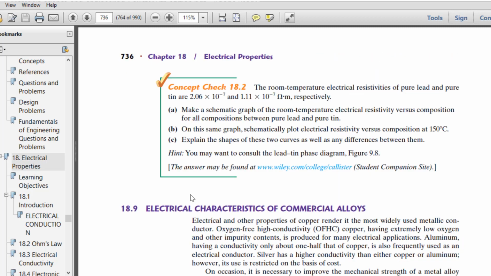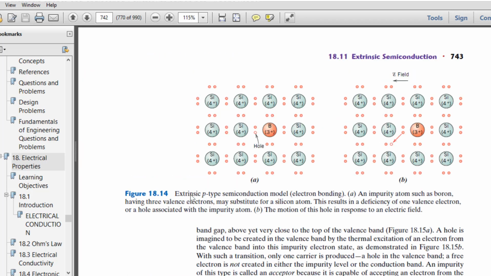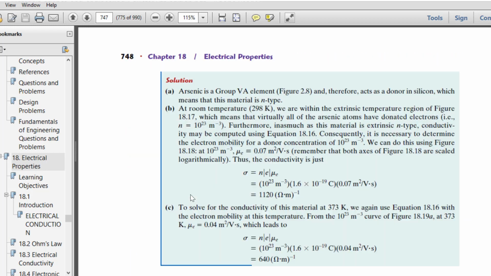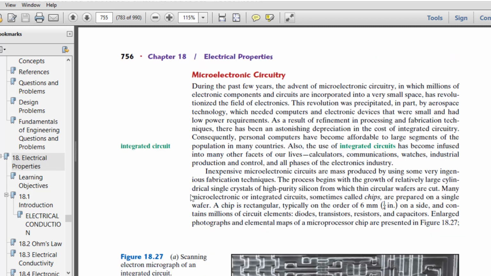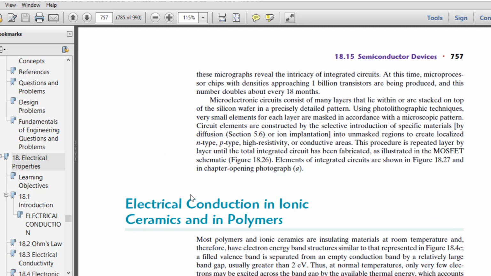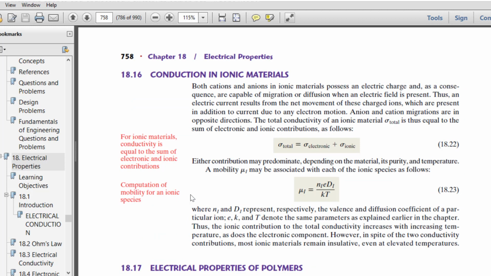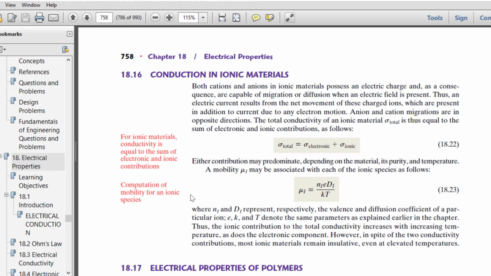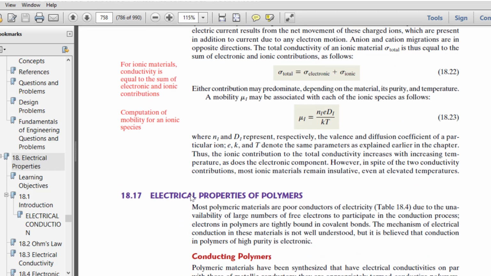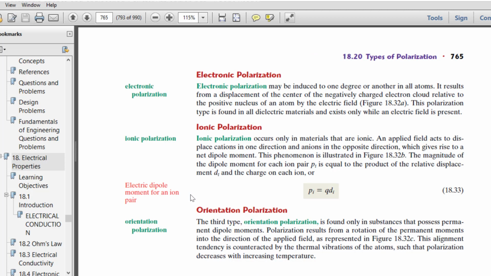Questions have been asked. Okay, you read this chapter, electrical properties, completely. Yeah, I would tell you to read it.